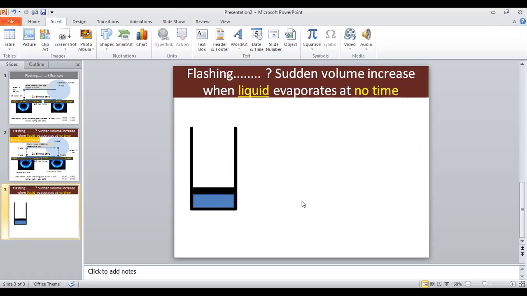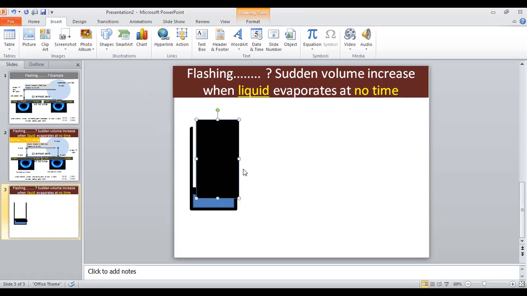Here, let's say, this is the piston. If you need some mechanism here, this rod.